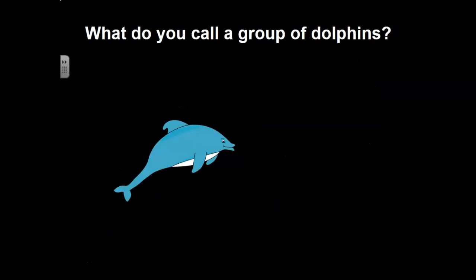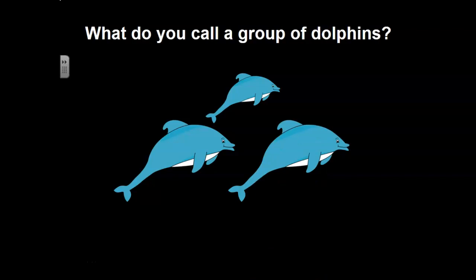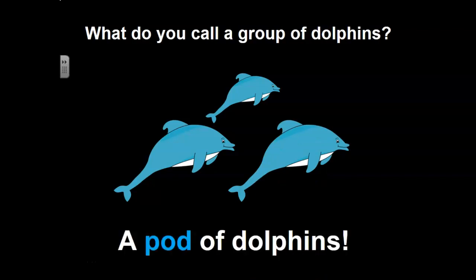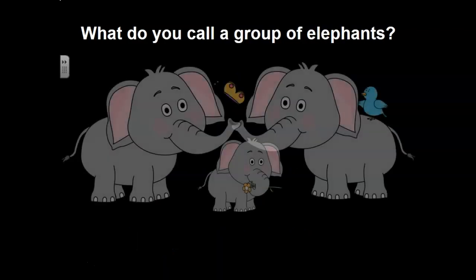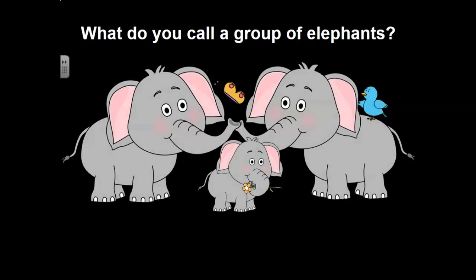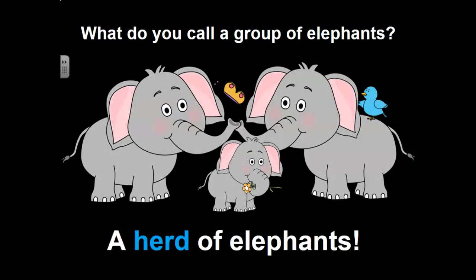What do you call a group of dolphins? A pod of dolphins. What do you call a group of elephants? A herd of elephants.